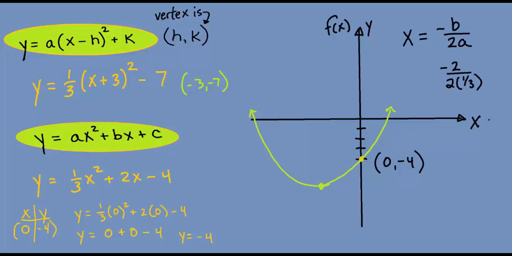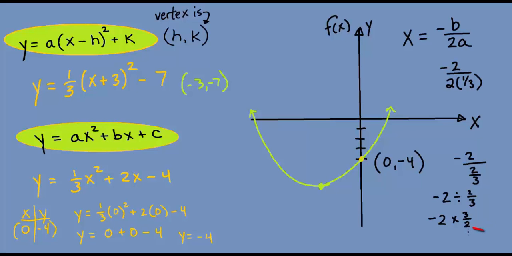So now we're going to have -2 over 2/3, and that's -2 divided by 2/3, which is the same as -2 times the reciprocal, which is 3/2, because dividing by a number is the same as multiplying by the number's reciprocal.